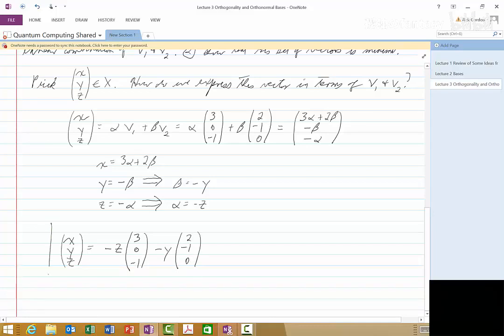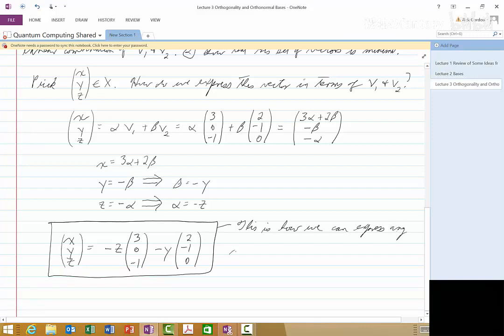This is how we can express any vector in X in terms of v1 and v2.